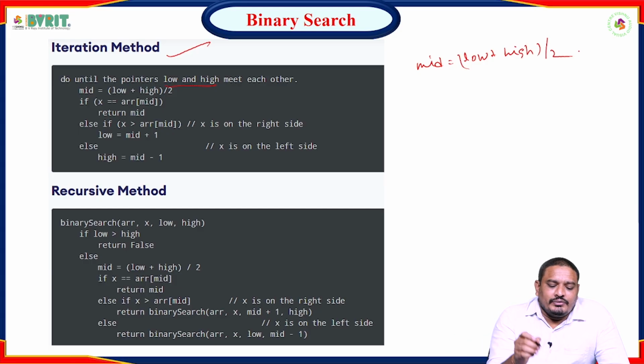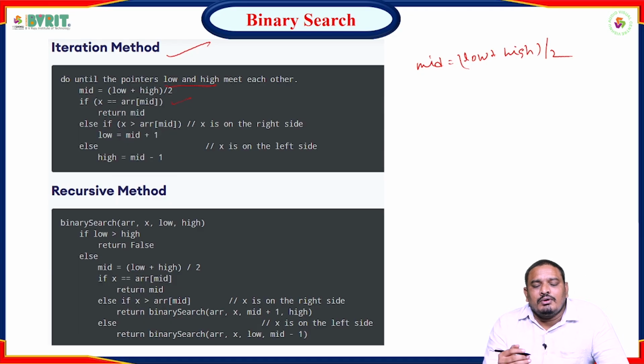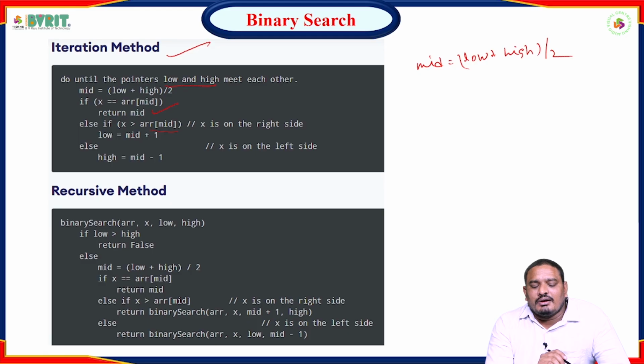If x equals array of mid, that is, the element we are searching for is at the mid position, return mid. Otherwise, check whether x is greater than array of mid. That means x is on the right side, so low equals mid plus 1. If x is on the left side, high equals mid minus 1. That is the iterative method in binary search.